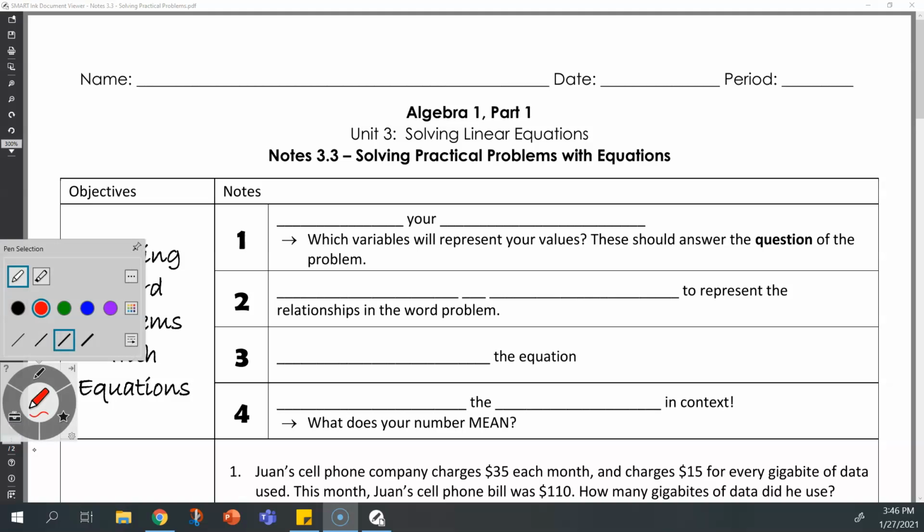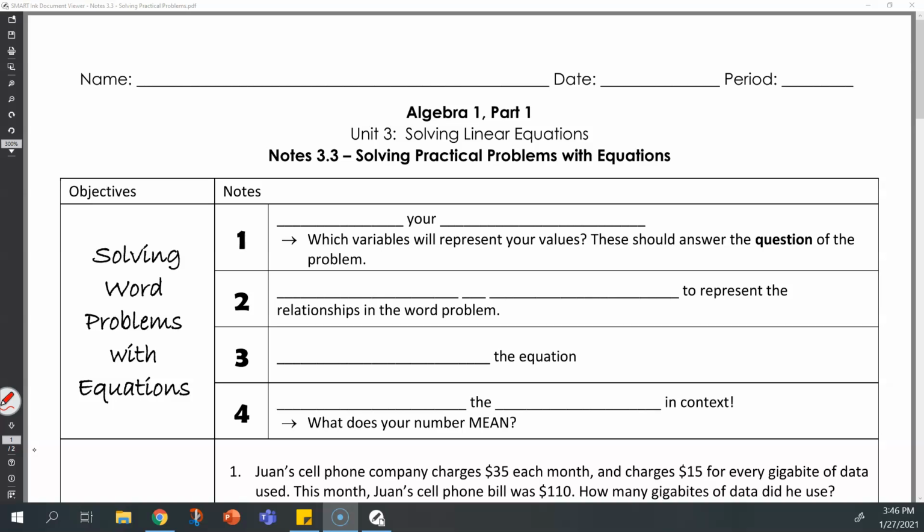So when we do this, the first thing I want to do is define my variables. And all that does is you're picking a variable or a letter that's going to represent your unknown value. You can pick any letter that you want. I like to pick something that makes sense in context, but you can pick any letter.